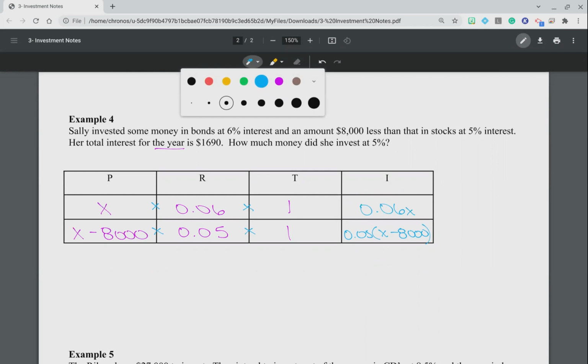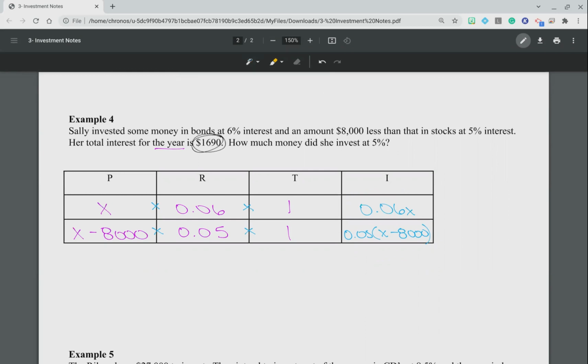Okay, and then our other big piece of information is that her total interest was $1,690. So just like before, I'm going to add those two things together and set them equal to $1,690.